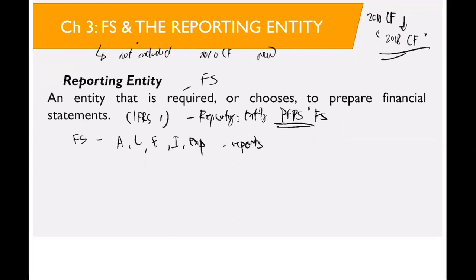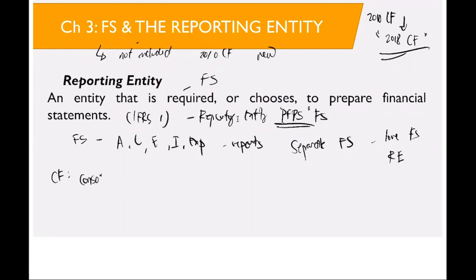Normally in your AA 100, what you know on your financial statements is only a single or separate financial statement. So what you know before is a separate financial statement, a lone financial statement provided by a reporting entity. However, your conceptual framework provides for three types of financial statement.